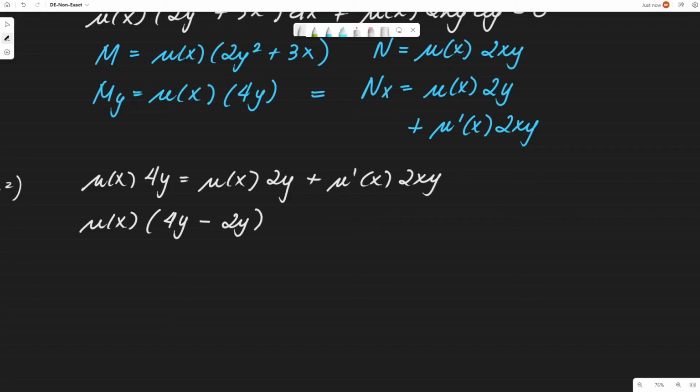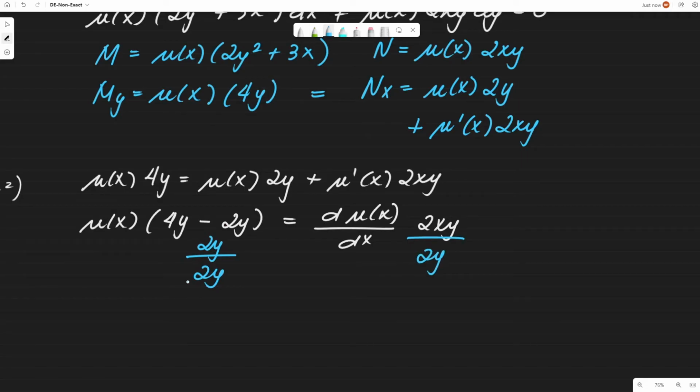Equals d mu of x over dx times 2xy. 4y minus 2y, that is essentially 2y. So we need to divide both sides by 2y. So cancel yung 2y. Then x lang yung maiiwan.